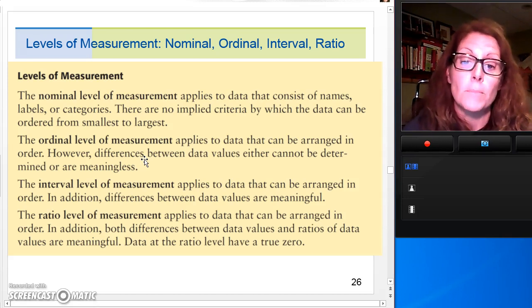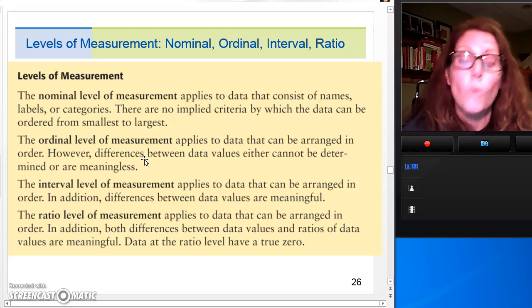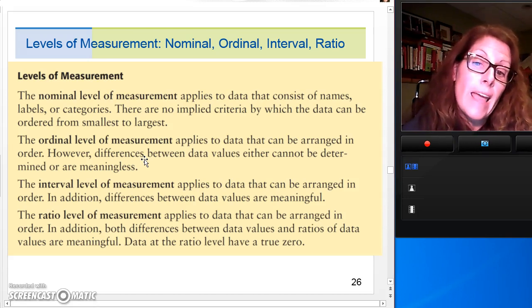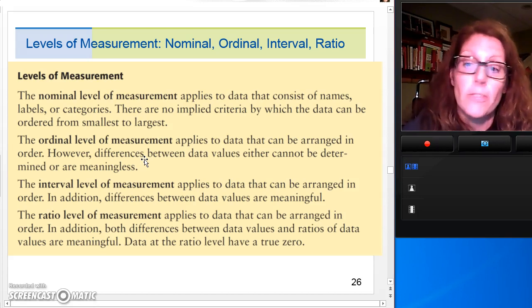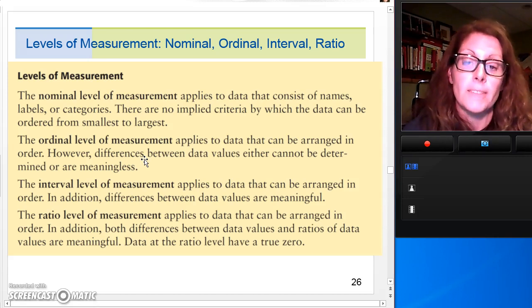The first person might be somebody who has a 0.01 higher GPA than the second ranked person. But the fourth ranked person might have a 0.5 higher GPA than the fifth ranked person. There's no consistency there. So we can order them, but there is no meaning to the differences between those rankings.